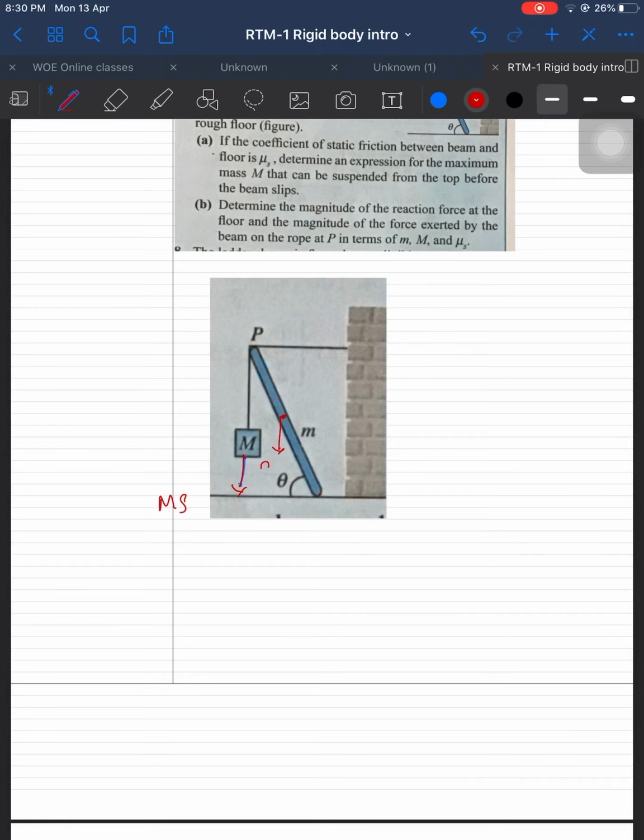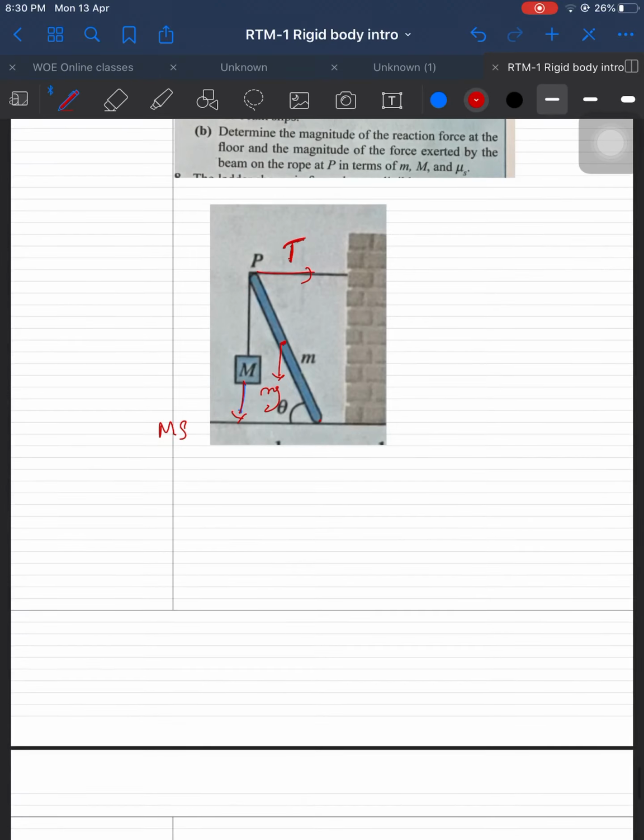Small mg is acting, and here is a tension T, and the friction will be here. Now, next we can balance the downward force. If it is in equilibrium, the net force is equal to 0 and the net torque is also equal to 0.